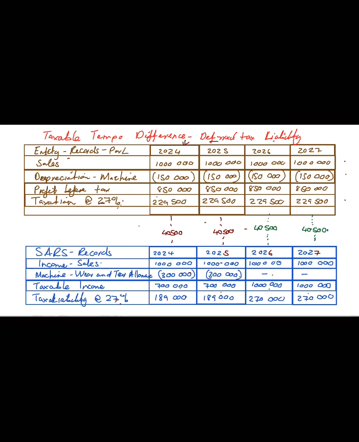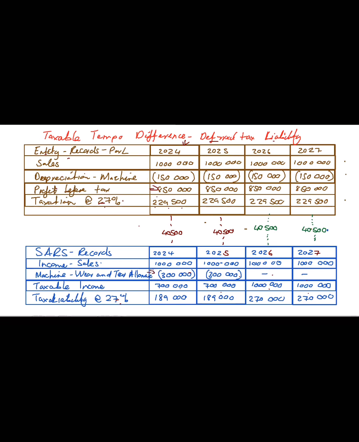So what SARS is saying, this is how I usually explain. We are saying, according to our records, this is the profit before tax. And this profit before tax gives us a taxation at 27% of how much? Of 229,500. But for the same information that you submitted to SARS, SARS applied their own rules.